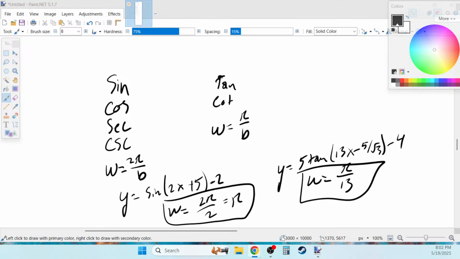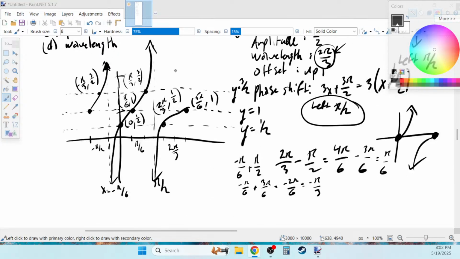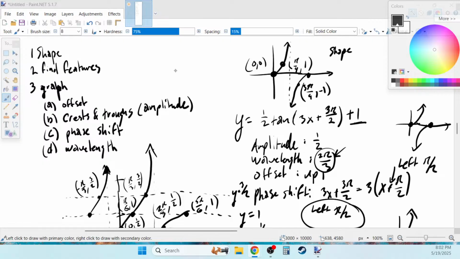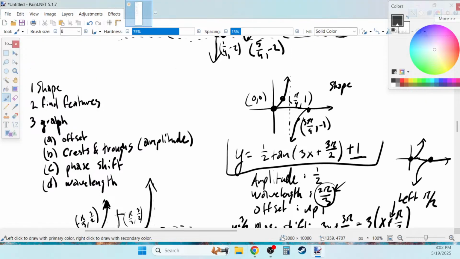Oh, how did we get 3 pi over 2 for the tangent function? Let's take a look at that. The tangent function that we were graphing here had a 3 in this location. I'm going to copy this down lower.